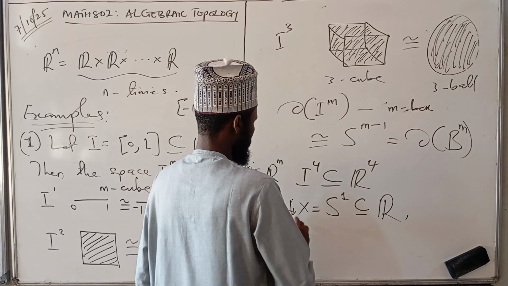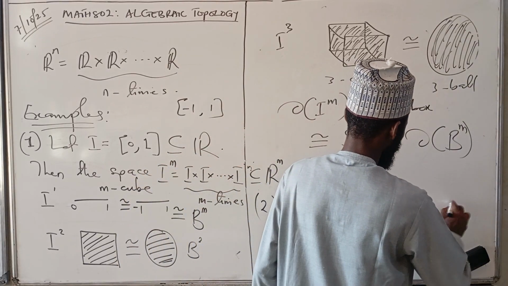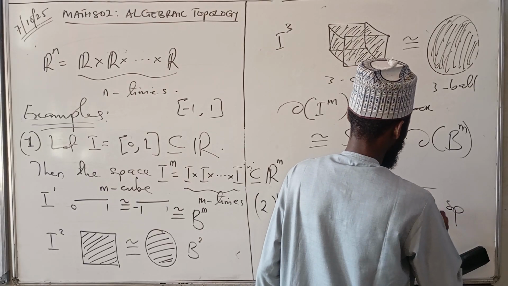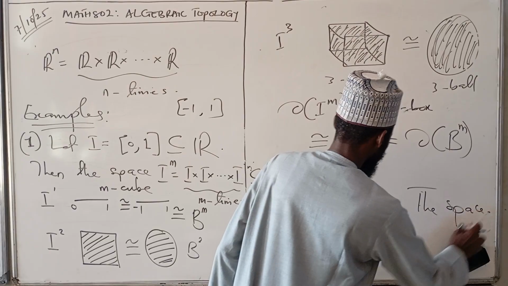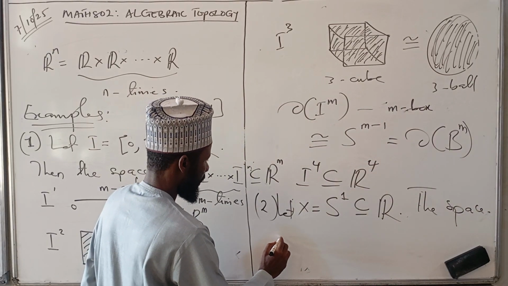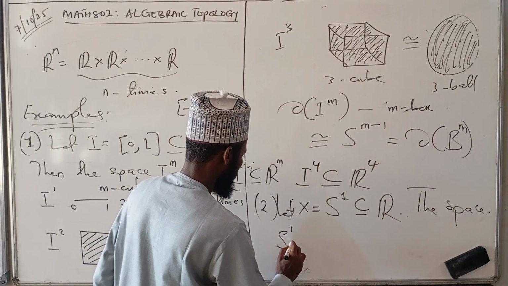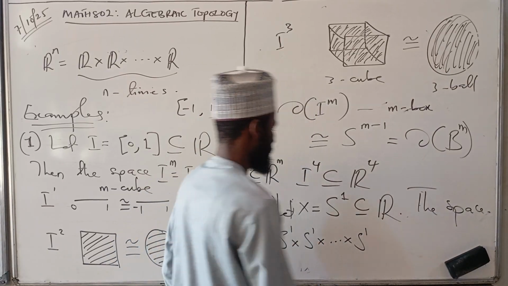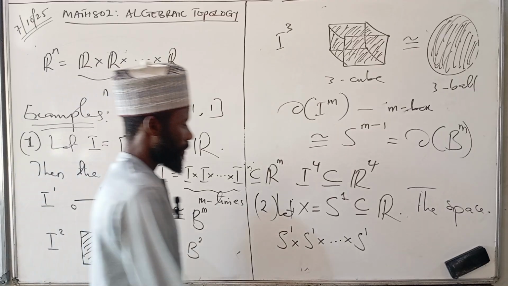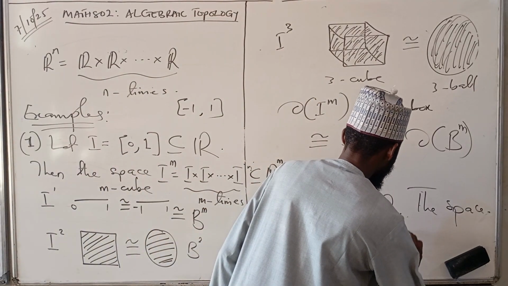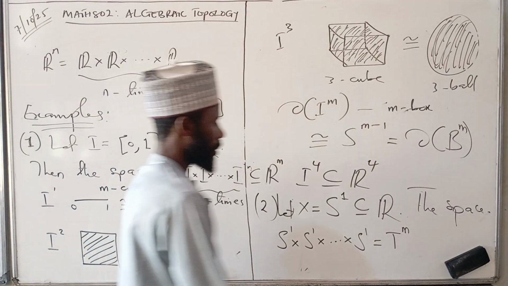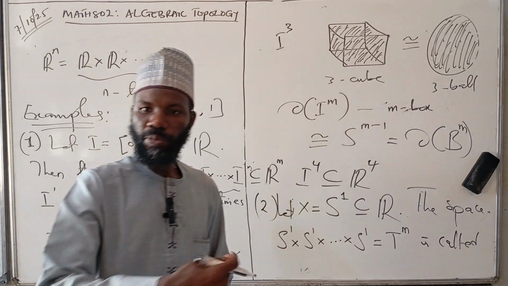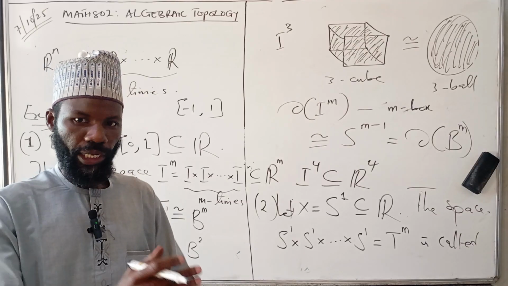Yeah. And the space, which space? This one. S1 cross S1. So the product space, this is denoted by T^m, and you see we can construct always new spaces from the existing one like this.